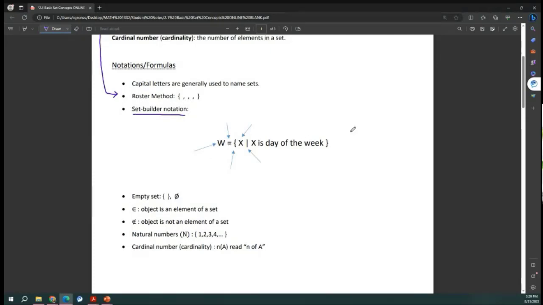And the way that this reads is that we have the set W is the set of all elements X such that X is a day of the week.